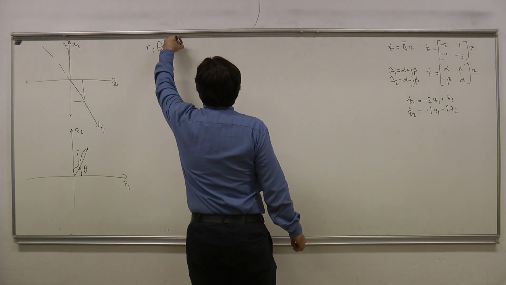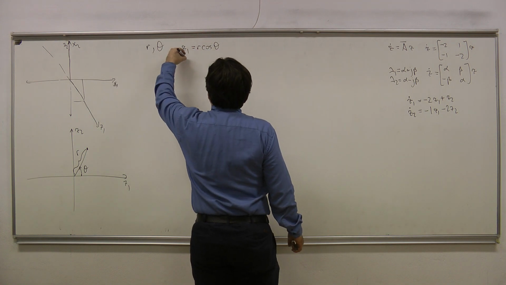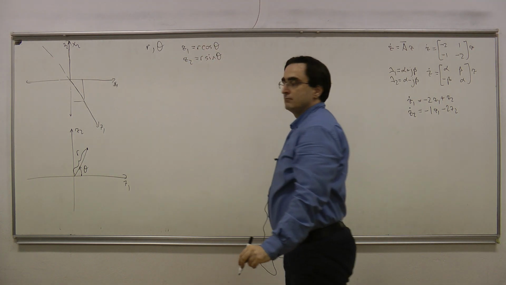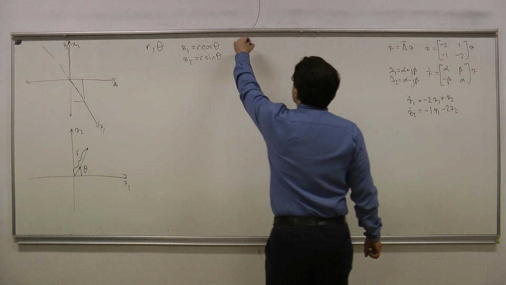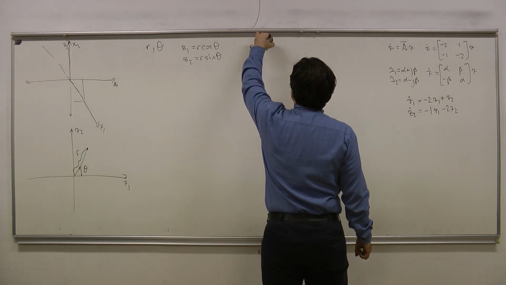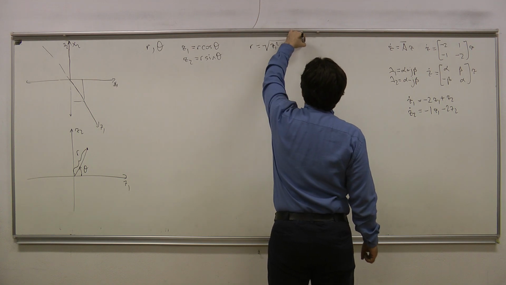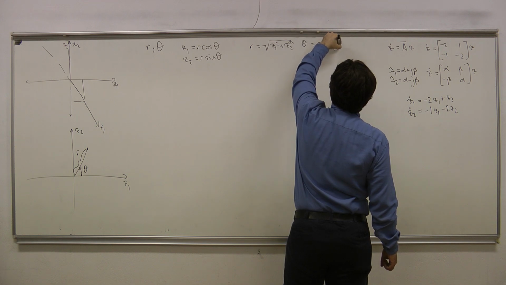So here are our variables. Z1 is equal to r cosine theta, and Z2 is r sine theta. Of course, you know the inverse transformation as well. So r is nothing but square root of Z1 square plus Z2 square, and theta is nothing but arctangent Z2 over Z1.